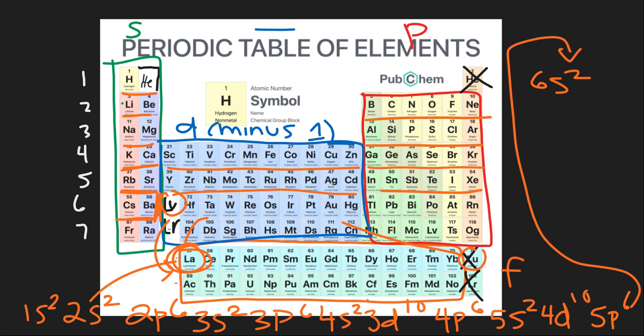This is currently a debate in the chemistry field, so you don't have to worry about that. So I'm going to do lanthanum based on it being a part of the f. So that would be 6f1, right? Well, you know that d is minus 1, so actually f here is minus 2. So this would not be 6f1, this would be 4f1.